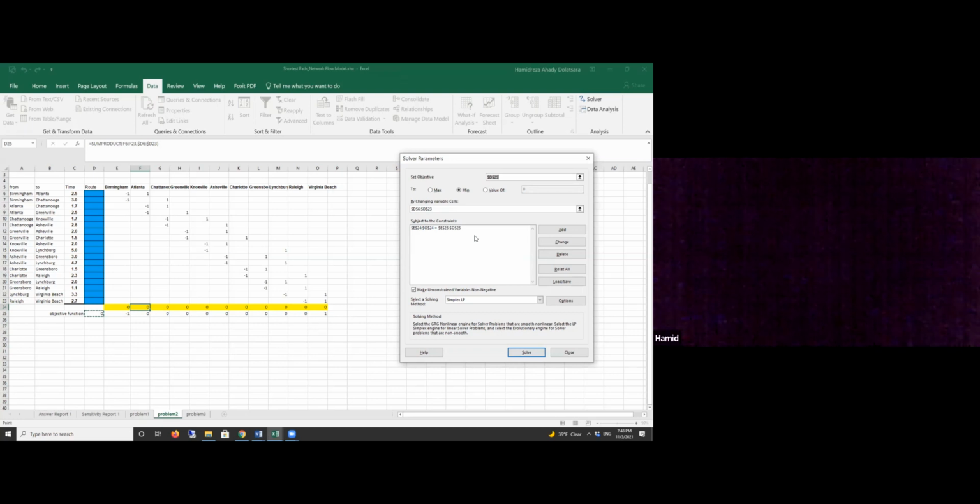Maybe if both of them are 0, you at home cannot see how I show them on the board. So if both of them are 0, it means for Atlanta 0 in, 0 out. Oh, for Atlanta, I think I made a mistake. It should be different, but I think you got the point. If it's 0, it means you go to Charlotte, or if you came to Atlanta, you went out.